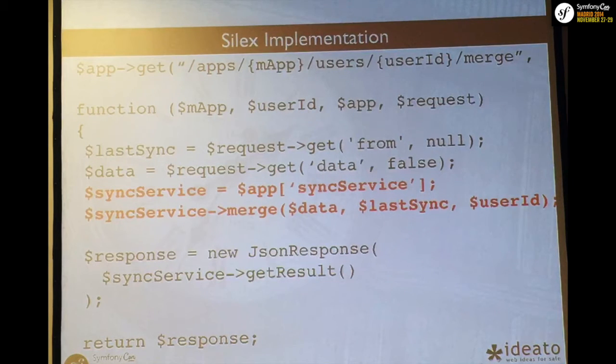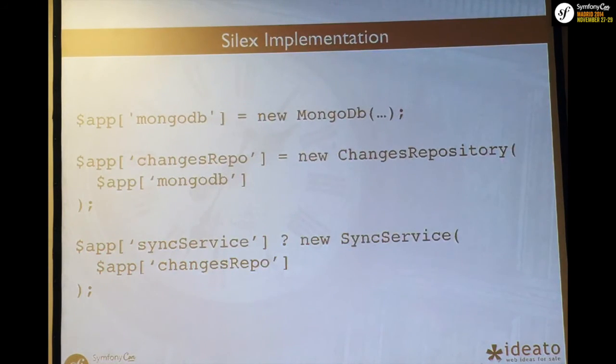All the merge logic is performed, and then again a response is produced and returned to the mobile client. The server definition is quite easy again. Basically, we have the synchronization service, sorry, there's a typo here, which uses a changes repository, which is in charge of finding all the records in the collection involved in a certain transaction. And that's all.